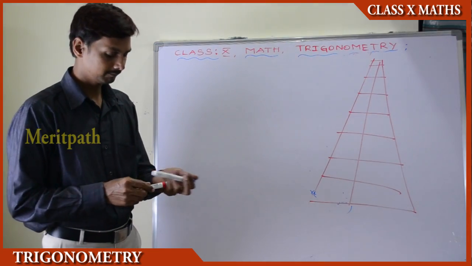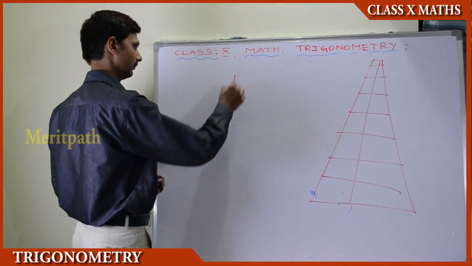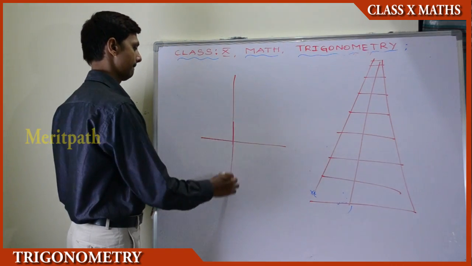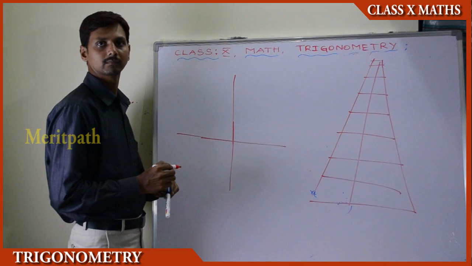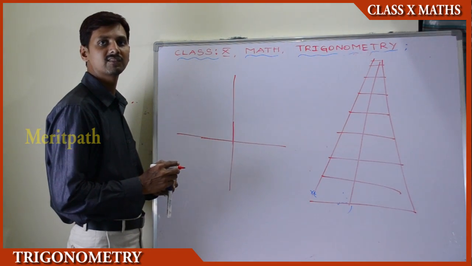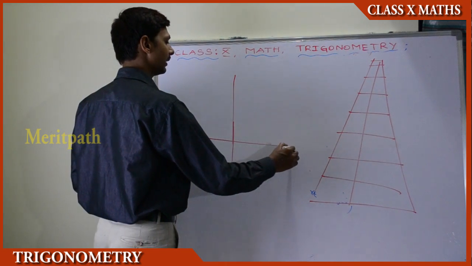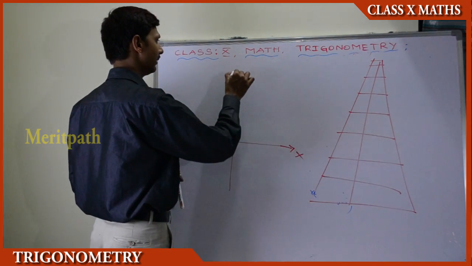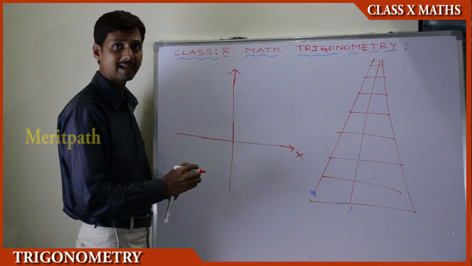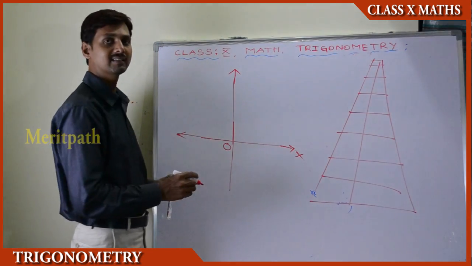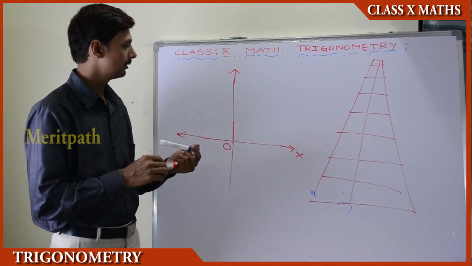In trigonometry, let us take the x-axis and y-axis. On the coordinate axis, this is the point of intersection of the x-axis and y-axis.